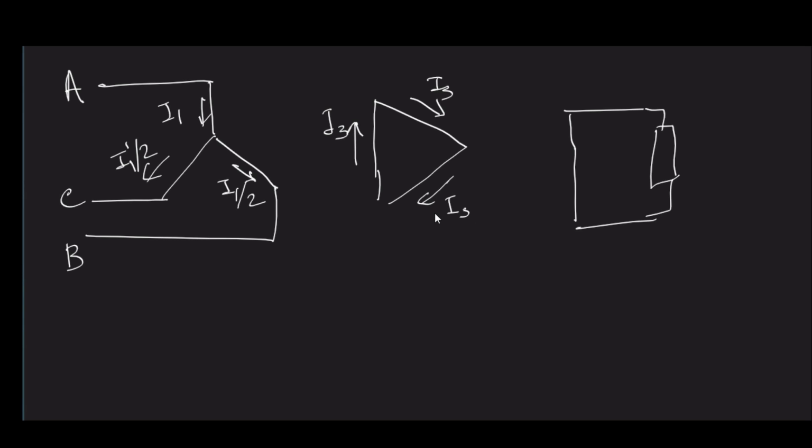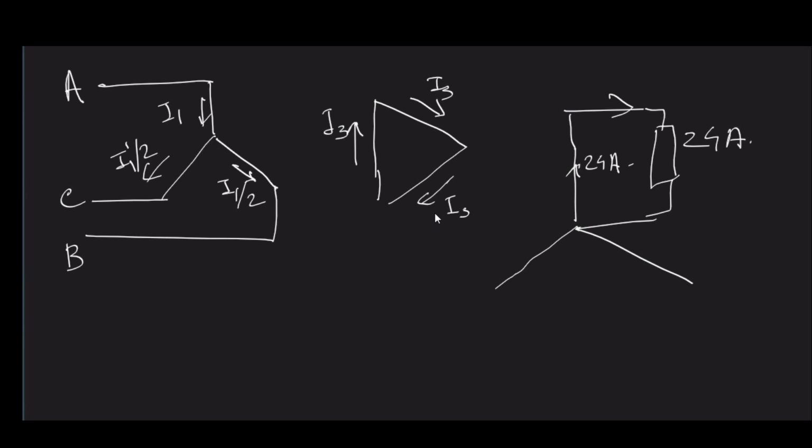Here is a certain load that is consuming 24 ampere, right? So 24 ampere is circulating, so the current in this path is how much? 24 ampere. Okay, fine.